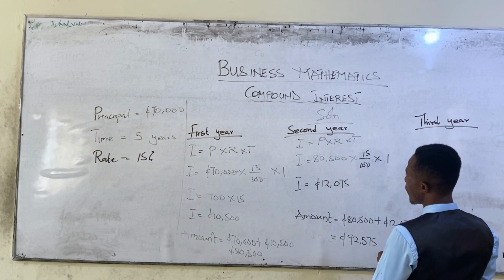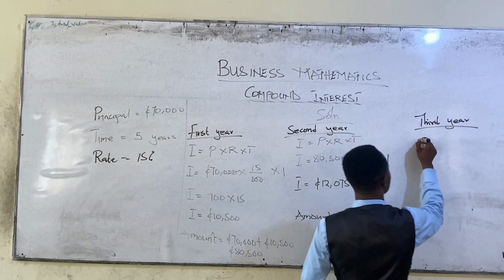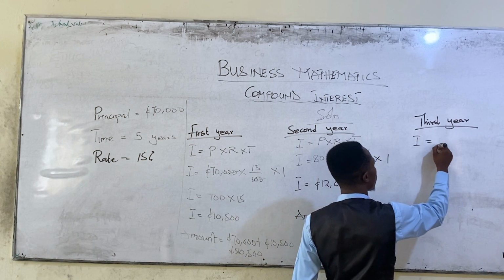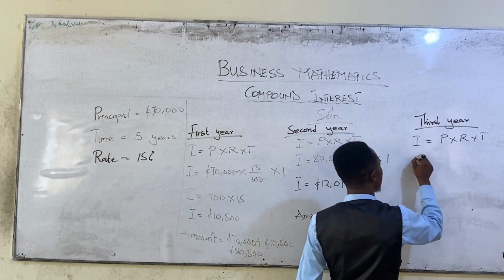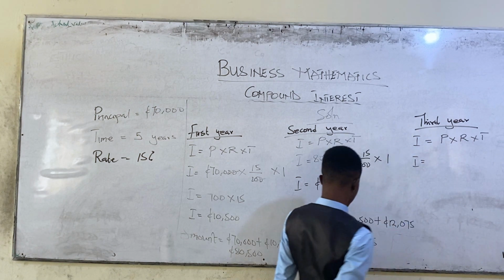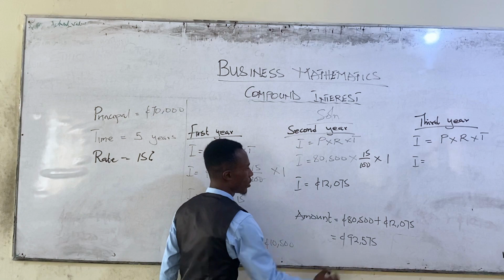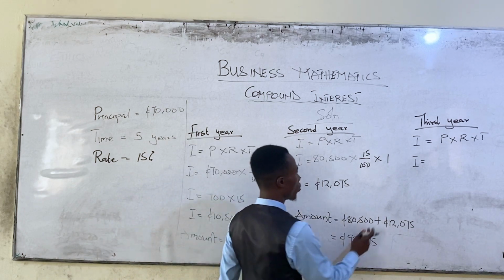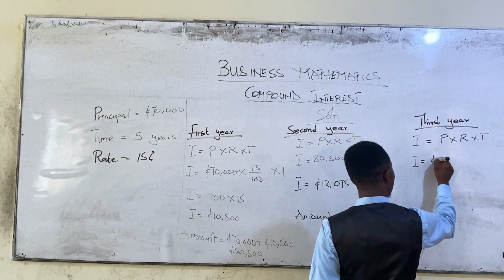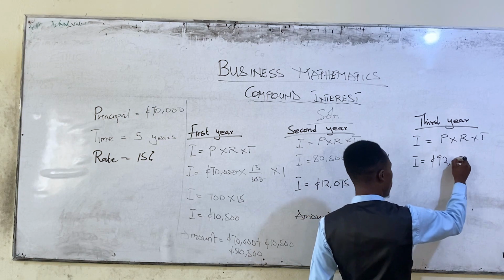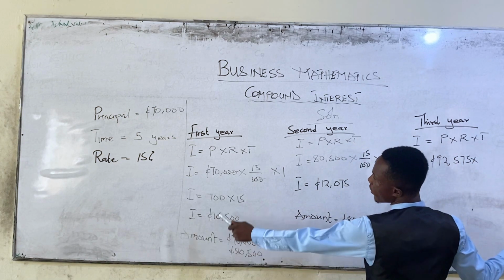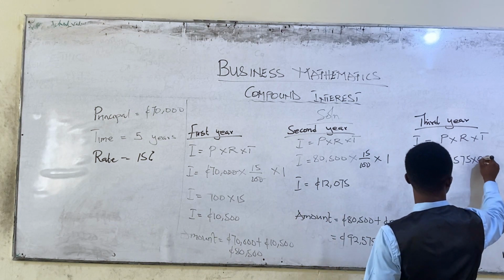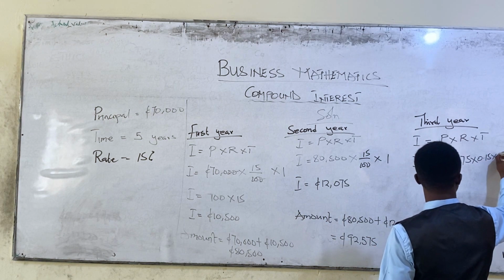That is going to be the same approach. Your interest equals principal times rate times time. Your principal is going to be the amount, not the previous principal. So 92,575 multiplying the rate, which is 15%, so 0.15 times 1.